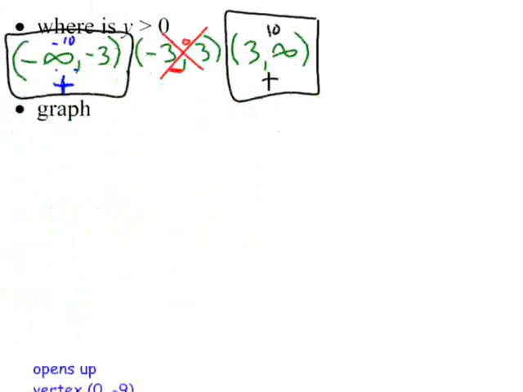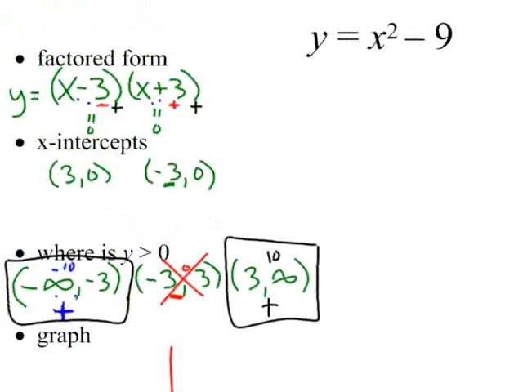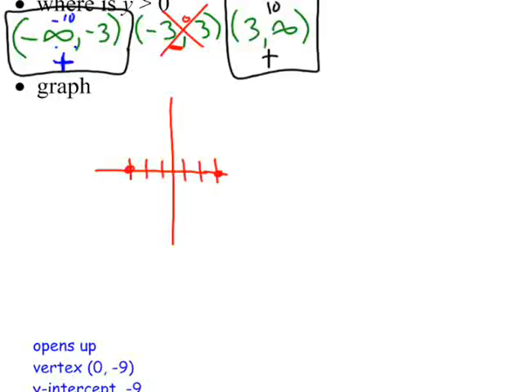Well, if I'm looking at the idea that I know one of my intercepts is -3, the other intercept is +3. Again, I know the y-intercept is going to be right here, the c value, which is -9.